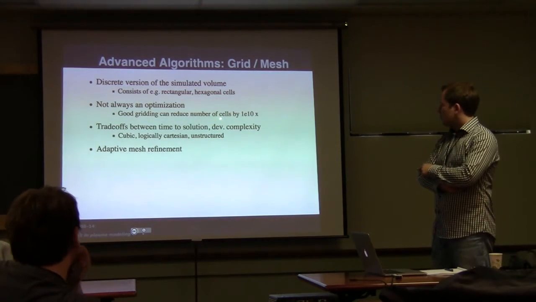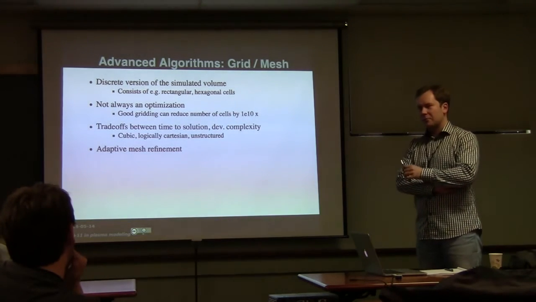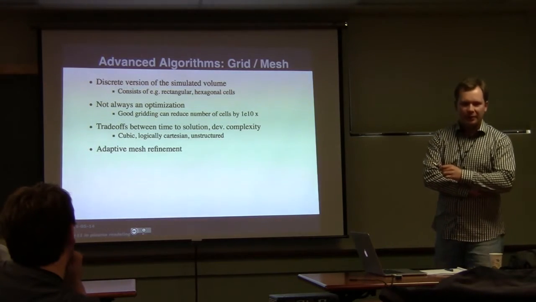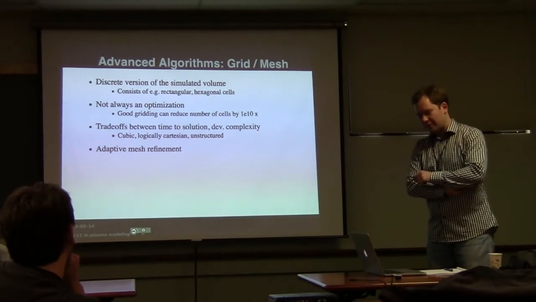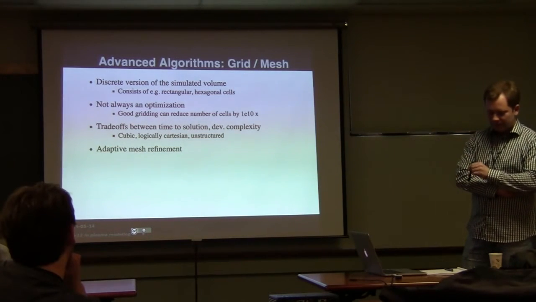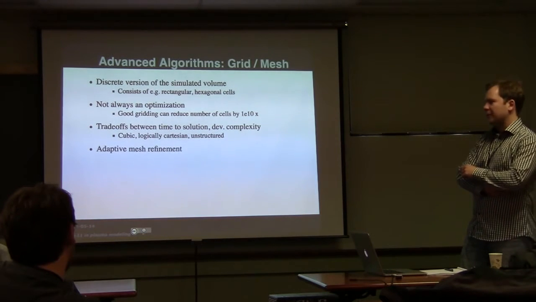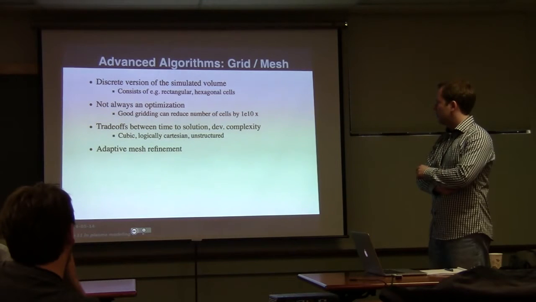And so with very good gridding, in certain cases you can reduce the number of required cells by 10 orders of magnitude, but well, not usually, but it's still a very important technique in many cases.